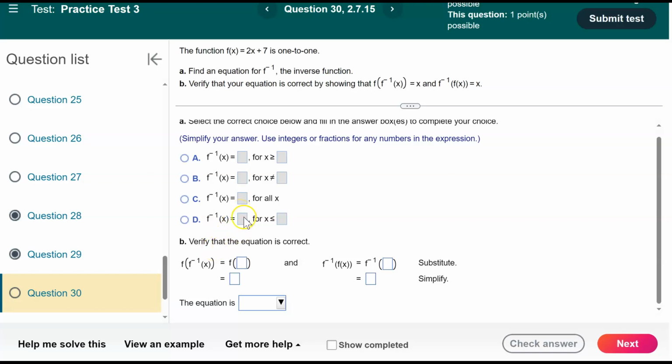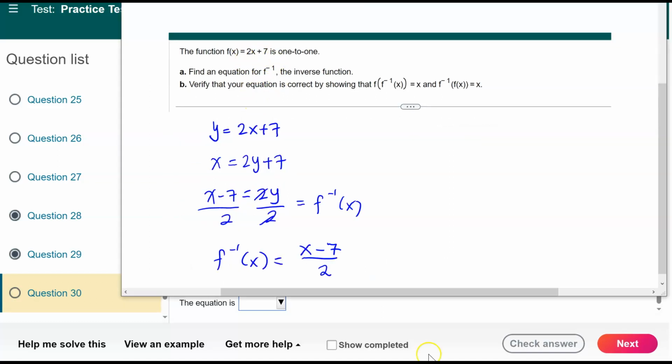Now, this one is for all x, because let's talk about the domain of the function. The domain of the original function is the set of all real numbers. When you get the inverse, that becomes the range of the inverse, and the domain of the inverse is the range of the original function.